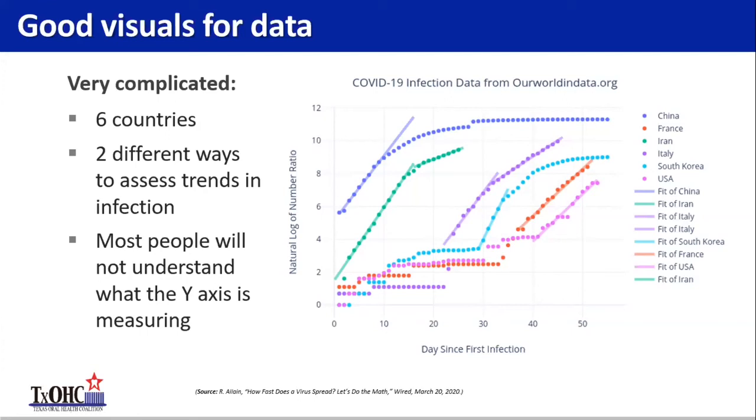The FIT, that's a totally different statistic. It's not easy to define. I would struggle to tell you what that means. Natural log of number ratio, you see that is the label on the left side. Again, they never define it. They never tell you what that is. They don't attempt to break that down. And so what you've got is two different numbers from every single country.